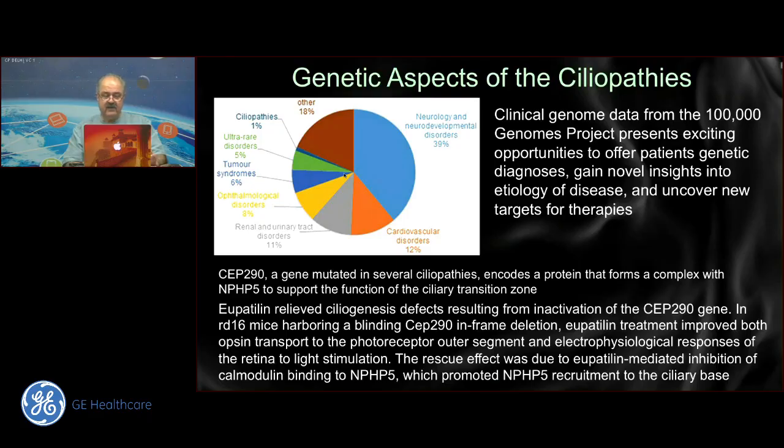For instance, eupatilin relieved ciliogenesis defects from the inactivation of the CEP290 gene, and it worked in mice, and it might be the answer in humans in the near future. So this business of genetic testing for any fetus that we find abnormal has to go beyond a trisomy 21 and a microarray to perhaps targeted genes or a whole exome sequencing.